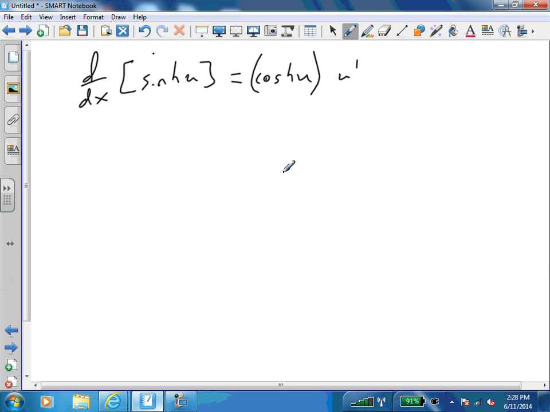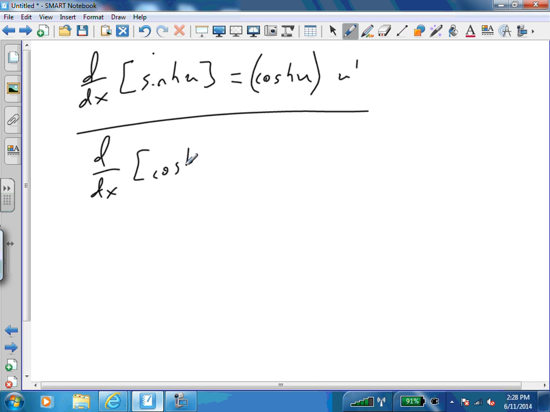Well, the derivative of hyperbolic sine is hyperbolic cosine. The derivative of hyperbolic cosine is almost the same, except we're missing a minus. Remember, the derivative of cosine is what? Negative sine. Well, for the hyperbolics, you don't have that negative.